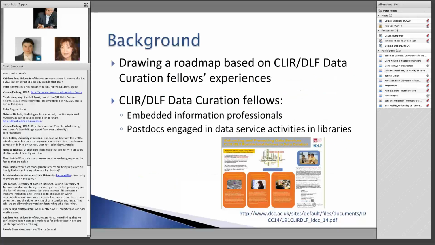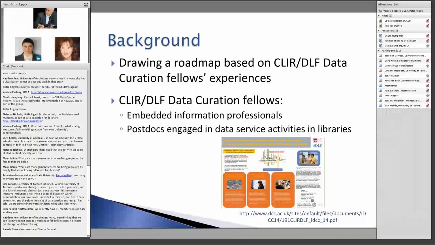The Clear DLF postdoctoral fellows in data curation have first-hand experiences with projects that produce data. As a result, we had to face directly problems and find approaches to data management during our graduate studies. Now, during our fellowship in research libraries, we're contributing to essentially what I think of as research and development of services for institutional involvement in data management.